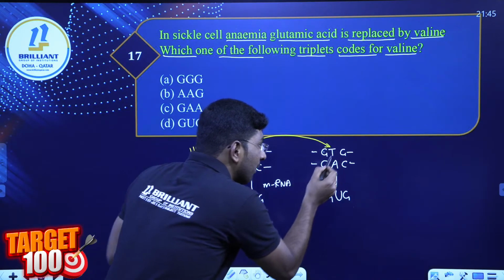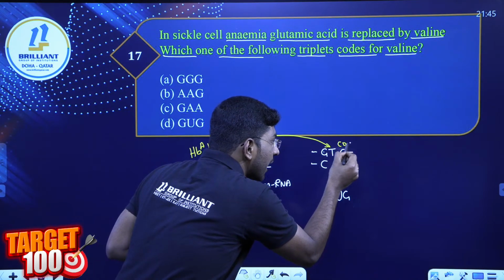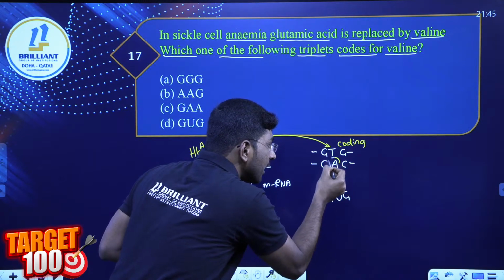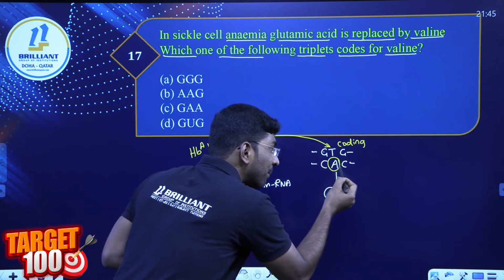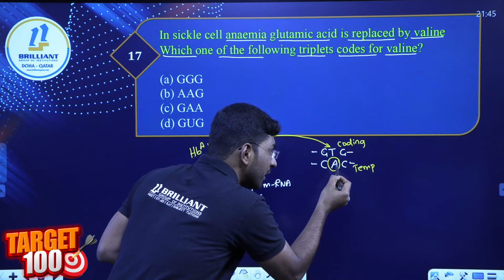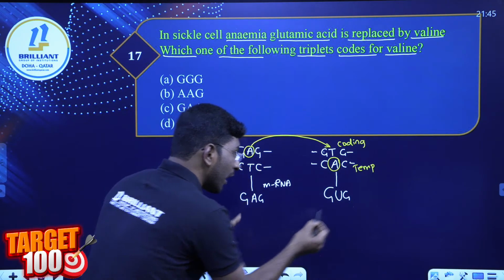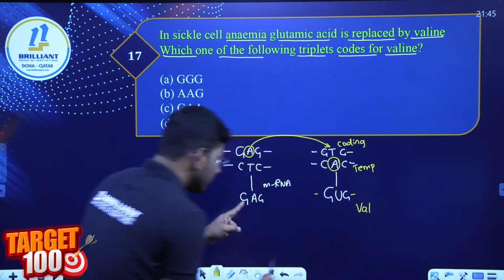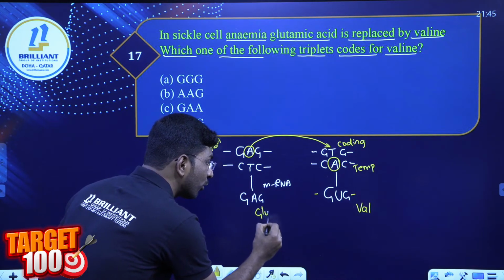Because of this problem here, this is the coding strand, and here it is T, so automatically the template strand also will change. When the template strand changes, look at here, in mRNA, in place of A, U comes. GUG. GUG codes for valine, GAG codes for what?